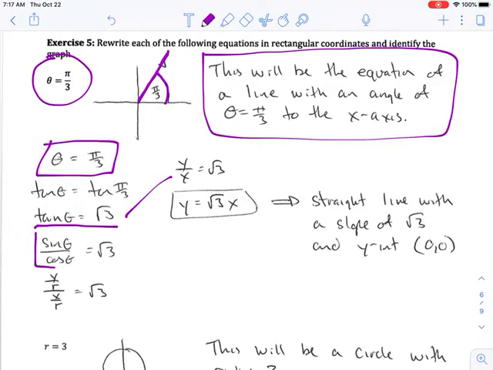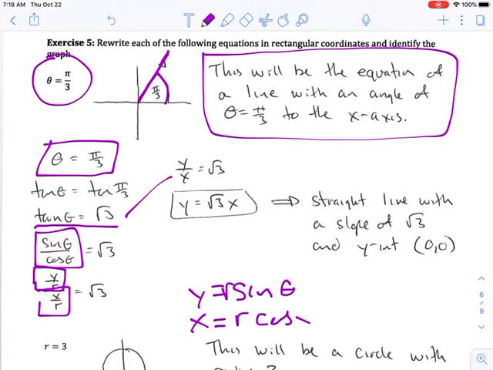Tangent, we know from trig identities, is sine over cosine. And we know from our polar rectangular conversions that sine is y over r, cosine can be written as x over r. And again, that just comes from the fact that y is equal to r sine of theta, and x is equal to r cosine of theta. So just solving those for sine and cosine.